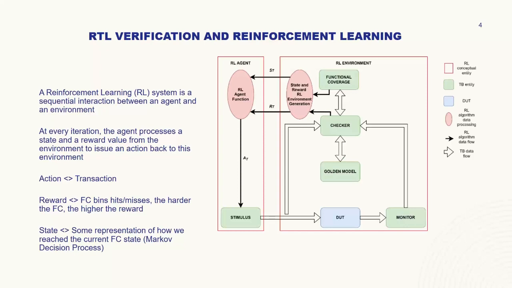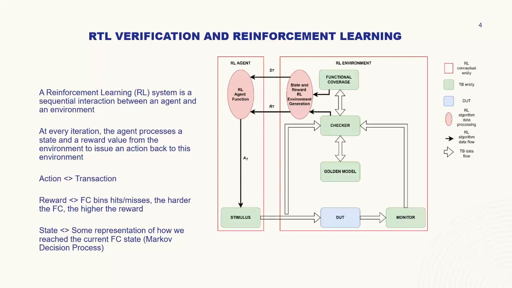If the bins are simple to get, you get a low reward, and if the bins are harder to get, you get a higher reward. And the concept of a reinforcement learning agent is to maximize the expected reward, the future reward of a stimulus process.